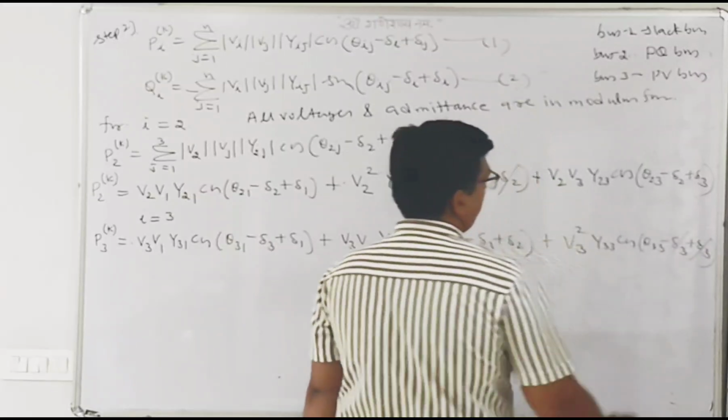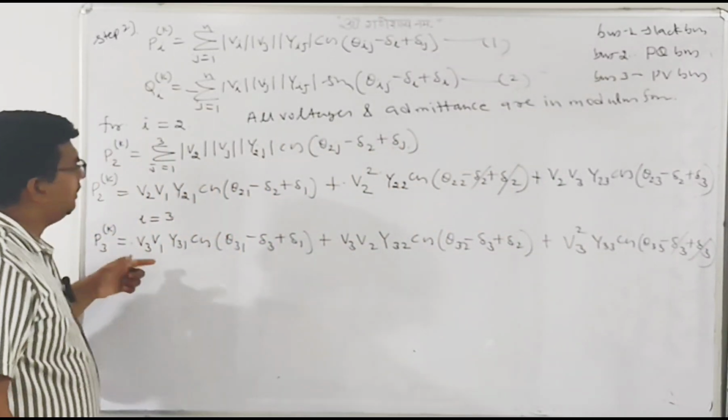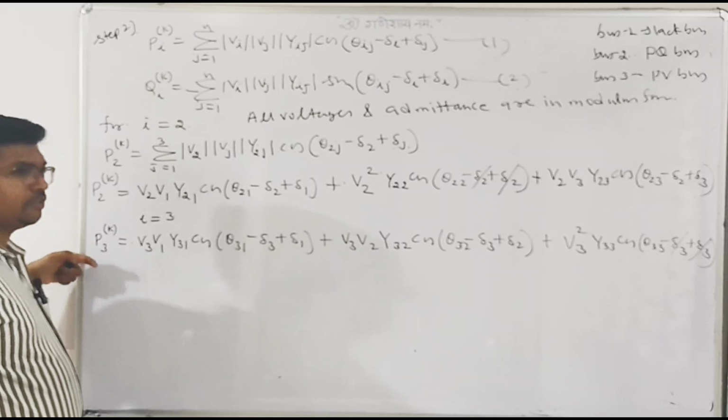Here delta 3 will be cancelled out. I have written it in a similar manner, looking like this. So this is P2, this is P3.